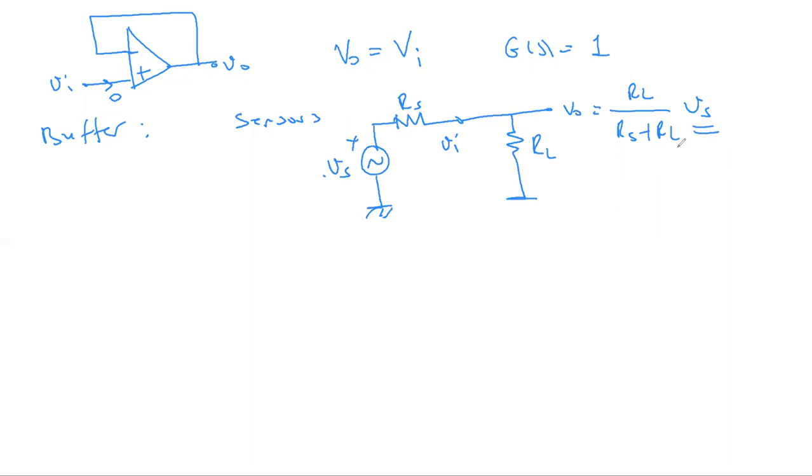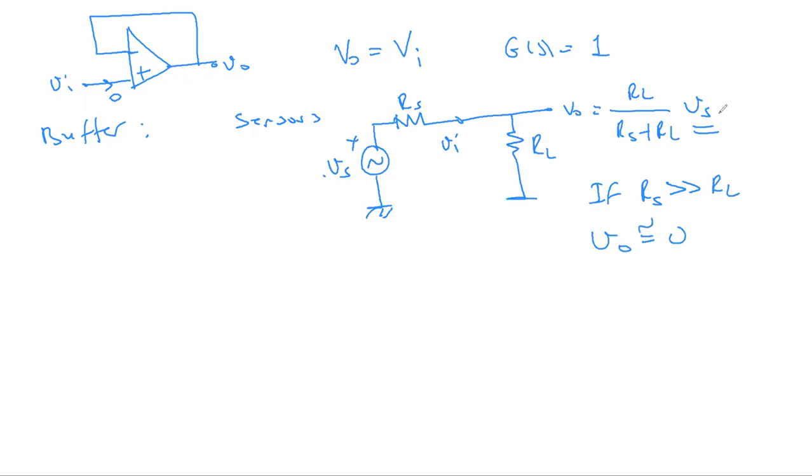However, when we look at the signal at the output in terms of Vs, we will see it's going to be divided by RL and Rs. If the internal impedance of the sensor is a lot larger than RL, V0 is going to be approximately equal to 0.